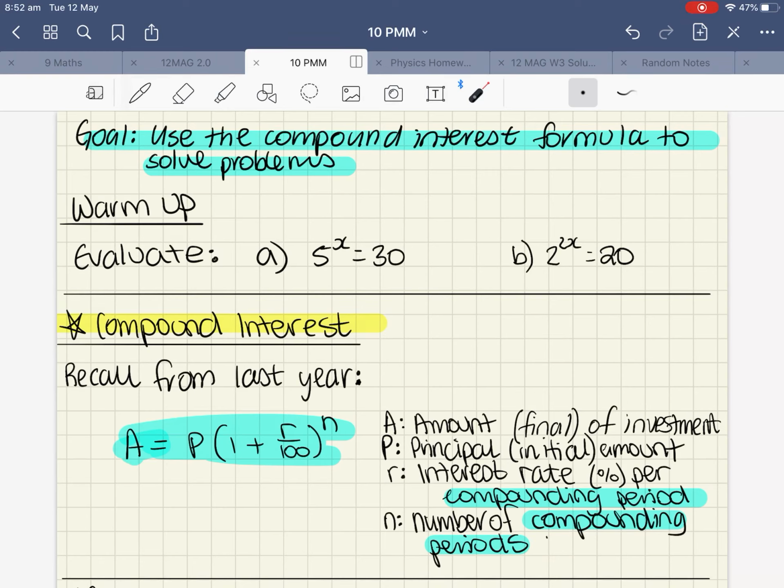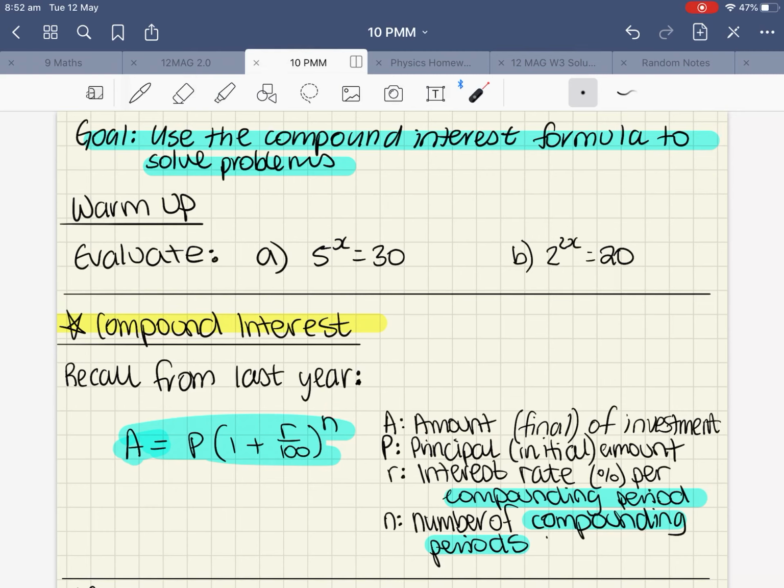So last year we looked at compound interest, and you may recall, or you may not, that the compound interest formula states this: that the amount of money after investing a principal amount at rate R for n periods can be calculated like so.